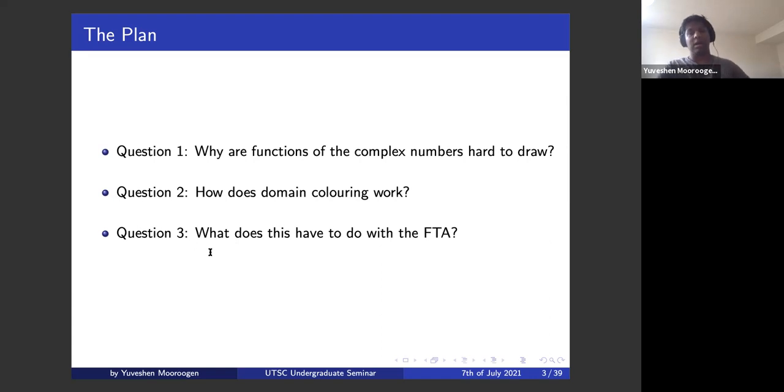And then finally, in part 3, I'm going to go back to my title, essentially, and use domain coloring, which at this point you'll hopefully have a sense for how it works. I'm going to use this domain coloring stuff to give you a sketch of a pretty old proof of the fundamental theorem of algebra.